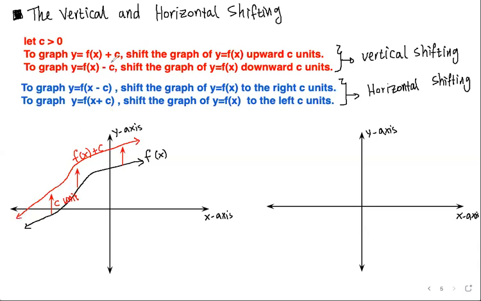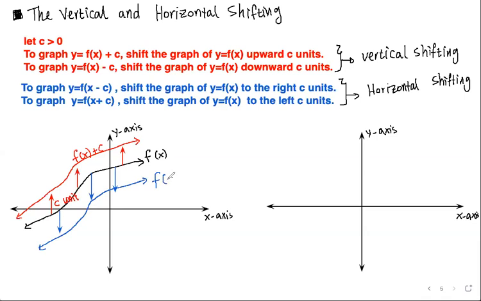Now, if I want to subtract from this function any number, it must be a positive number, this means I have to shift the original function c units down. For example here, I have to shift it c units down. So my function looks like this, going down like this.